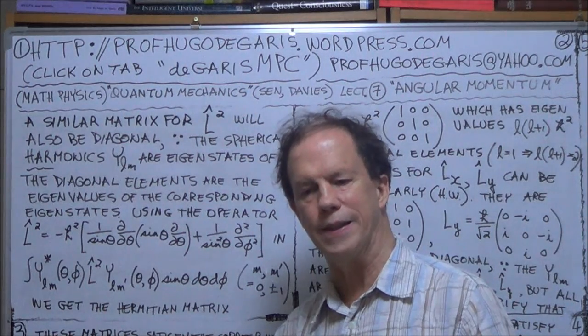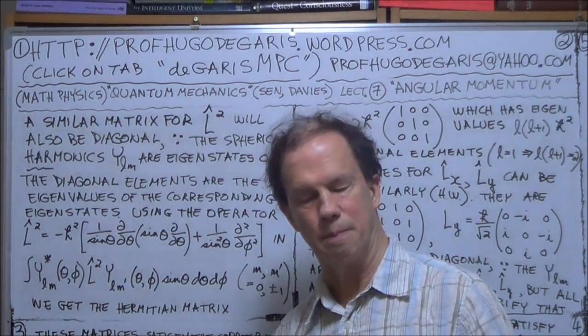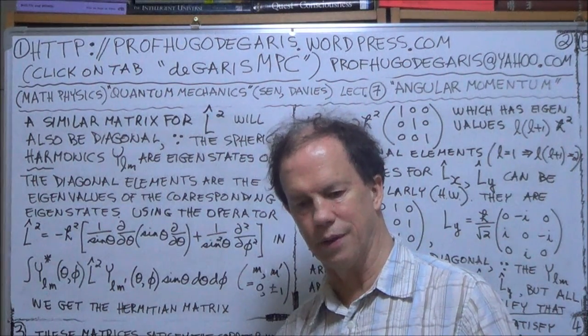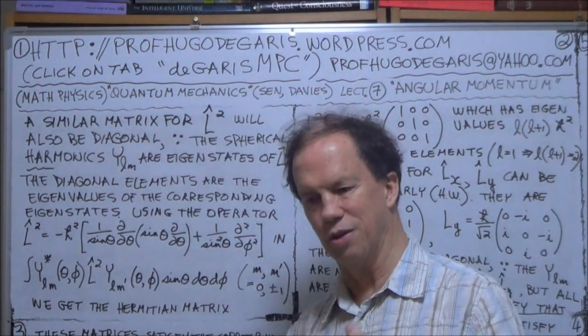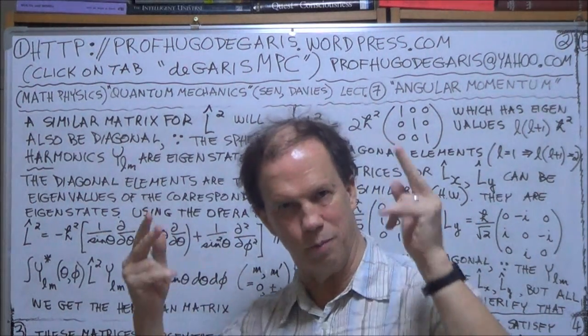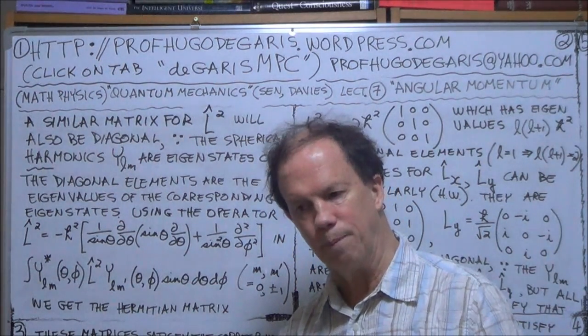So in a sense, this technical term of representation is used because the matrices are talking the same language, so to speak, speaking metaphorically, as the operators. They're behaving the same way.